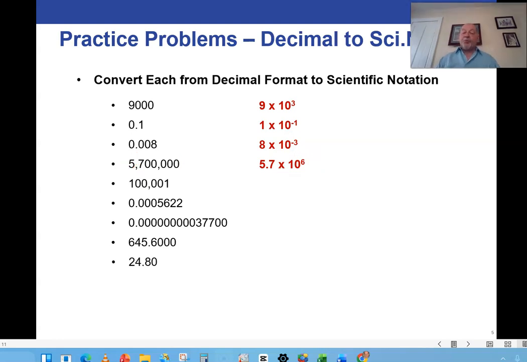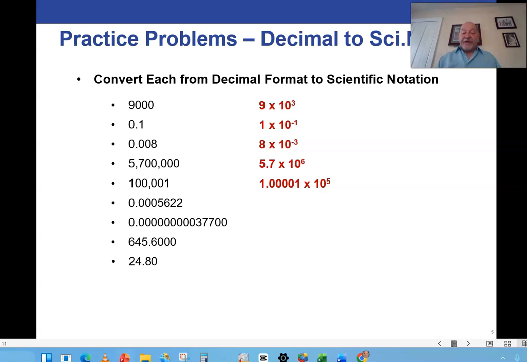The next number would be 100,001. And we don't show the decimal point all the time. It's over on the far right, and you would have to move it a total of 1, 2, 3, 4, 5 positions to the left, which means our final number would be 1.00001, because we have to go all the way to the last non-zero digit, times 10 to the 5th, because we moved the decimal place to the left 5 times.